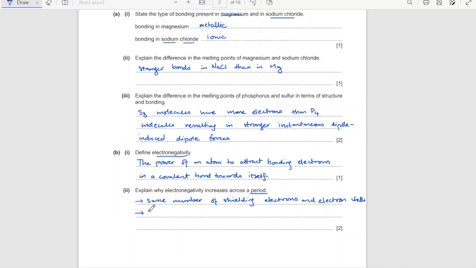And we have an increasing nuclear charge. So that increases the nuclear attraction for the bonding electrons.